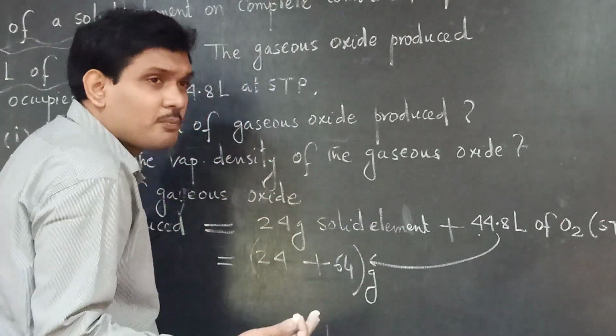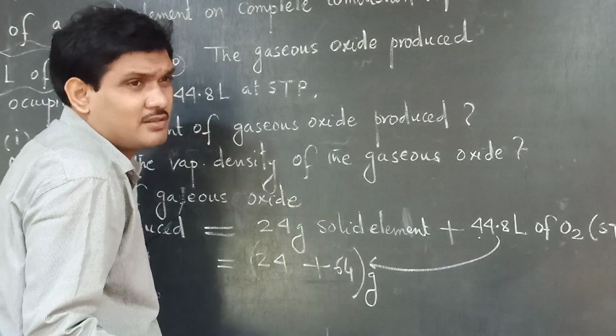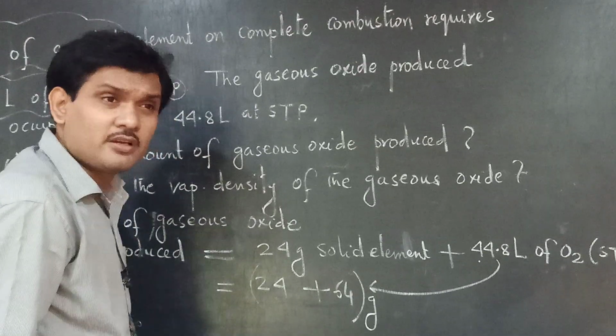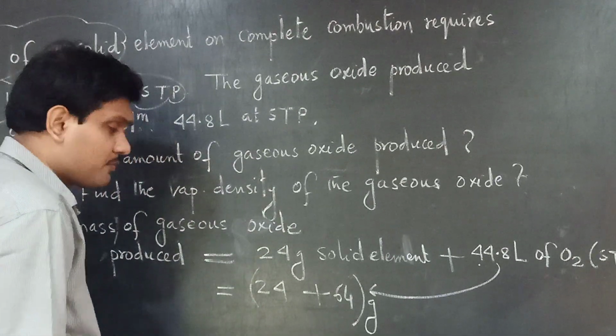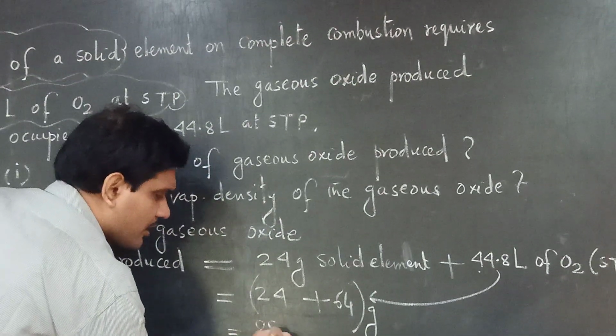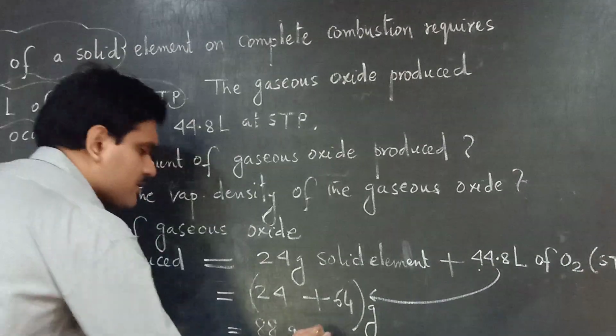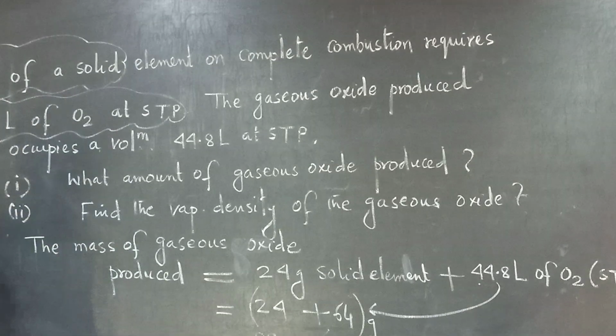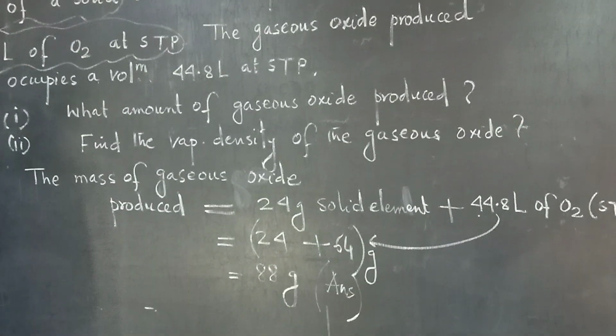So 44.8 liter, it will have double the mass, simply 64. So we have 88. This is the first answer: the mass of the gaseous oxide produced.